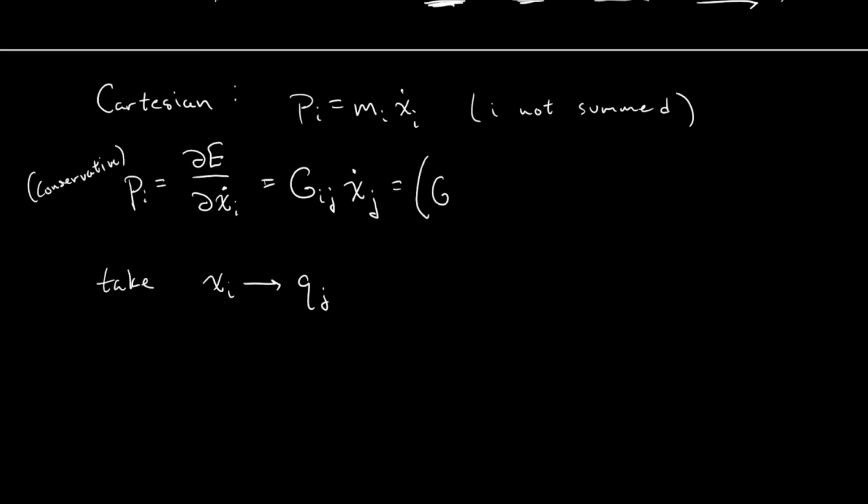Our g is going to transform like this, with dq_m/dx_i and dq_n/dx_j. And I will say you do have to be a little bit careful with these transformations, but I'm just writing them down. If you're very careful, this is the stuff that you'll end up with.